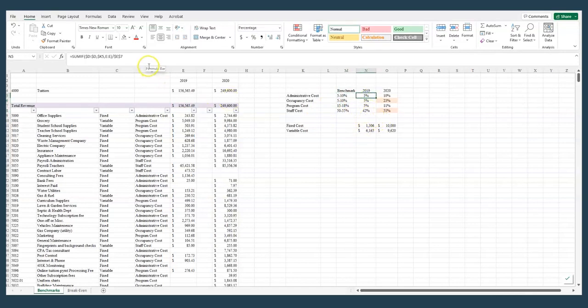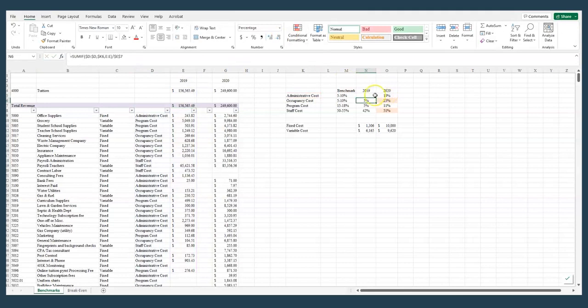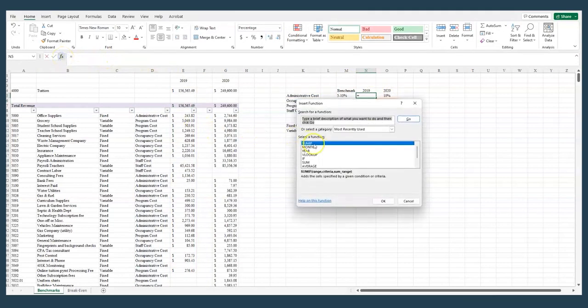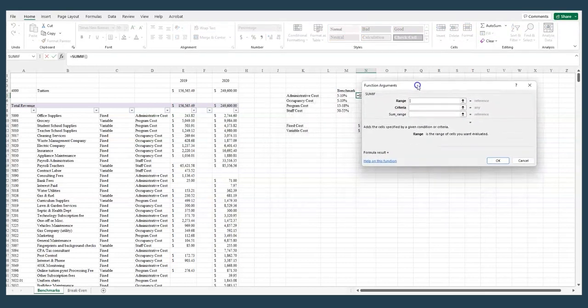With the sumif, it's pretty straightforward. I'm going to get rid of the sumif here, hit the FX button, and choose sumif. The first thing it gives me is my range: what cells do I want to have evaluated?